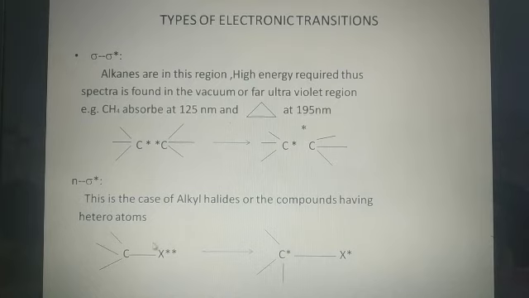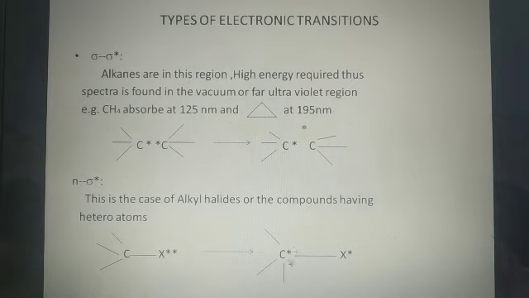Then second, n to sigma star, means a heteroatom, for example, halogen that is present with the carbon. You know halogen has lone pairs of electrons. I have shown only two here. Chlorine, fluorine, bromine, iodine, all these contain non-bonding electrons. So there can be excitation of this non-bonding electron from its atomic state to the bonding or anti-bonding molecular orbitals of the carbon.